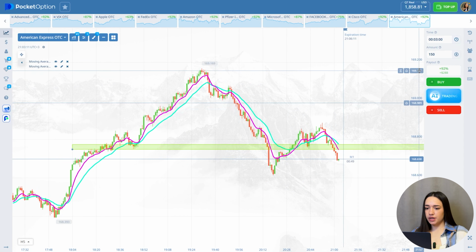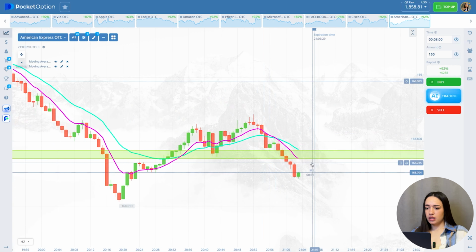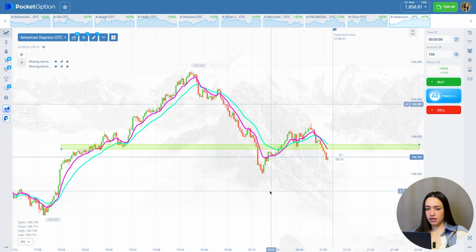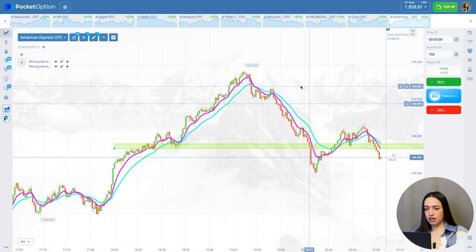Still, you can see the results for yourself. Within just 4 candles, the price confidently moved downward and broke the level. Good. Let's analyze one more trade and I will continue with analysis.